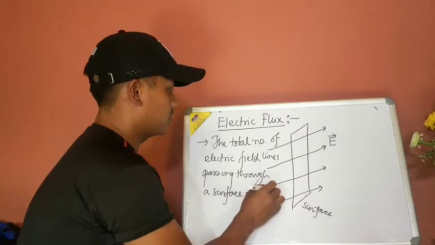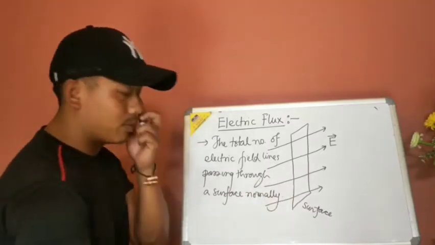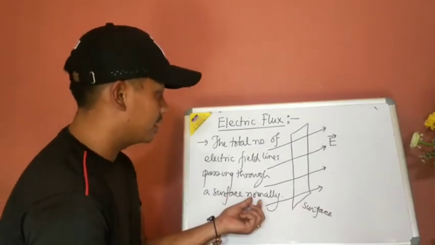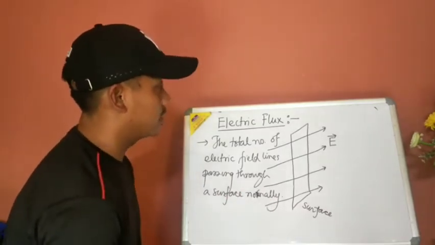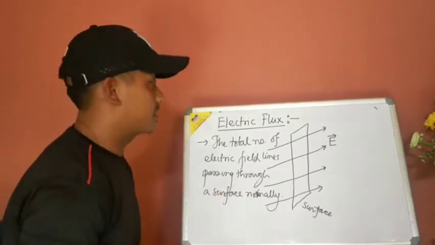Why normally? Because we are going to take the vertical, perpendicular component. That's why we are saying it as normally. So this is the very definition of electric flux.